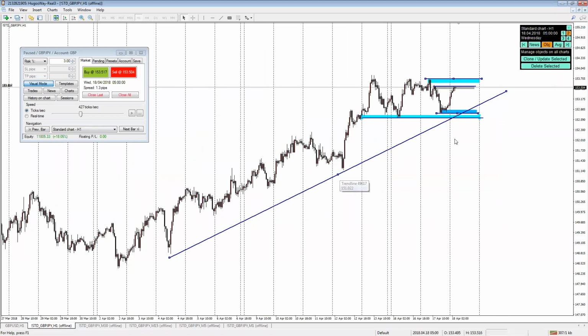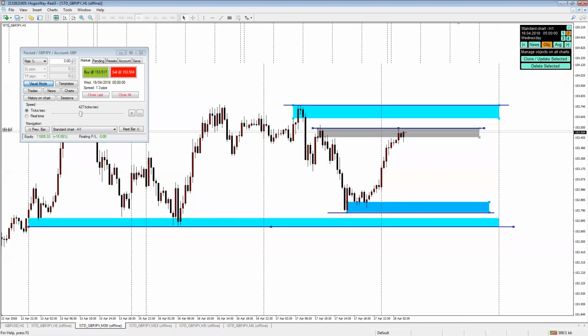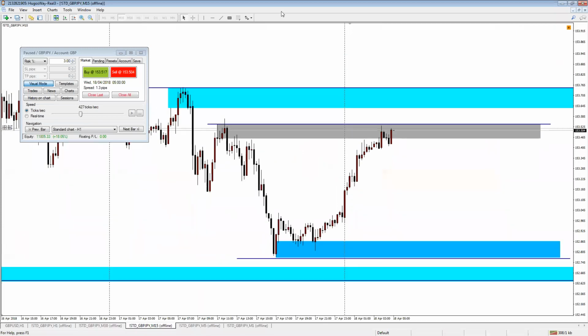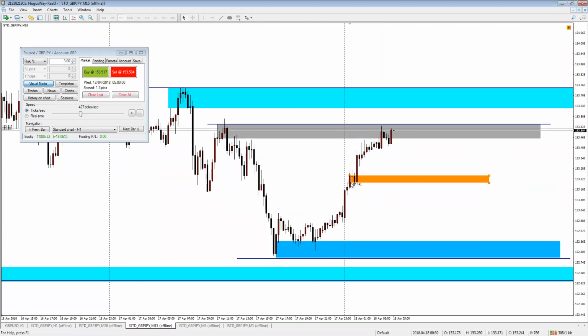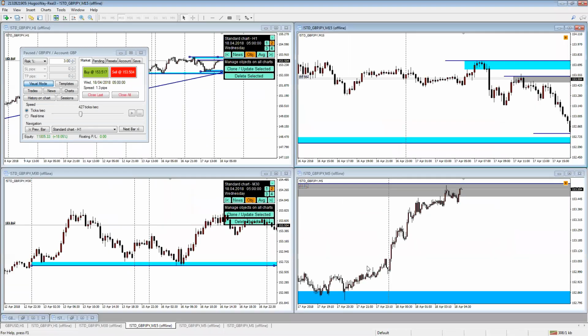Okay, I'll keep the 1 hour trend here. This one looks good. 30 minutes. Do we see anything? Okay, this is gonna have a minor zone right here. Mark it in orange. Smart zone. Okay, I think that's good.